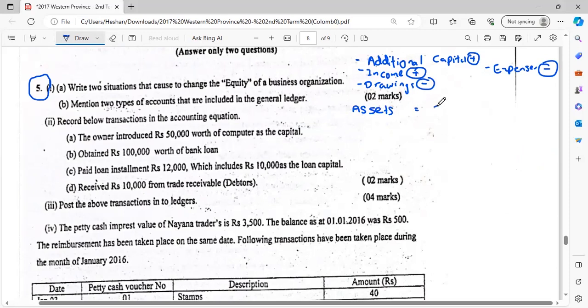The owner introduced 50,000 worth of computer as the capital. Under assets, the 50,000 computer increases. Under equity, the 50,000 capital also increases. No impact on liability.